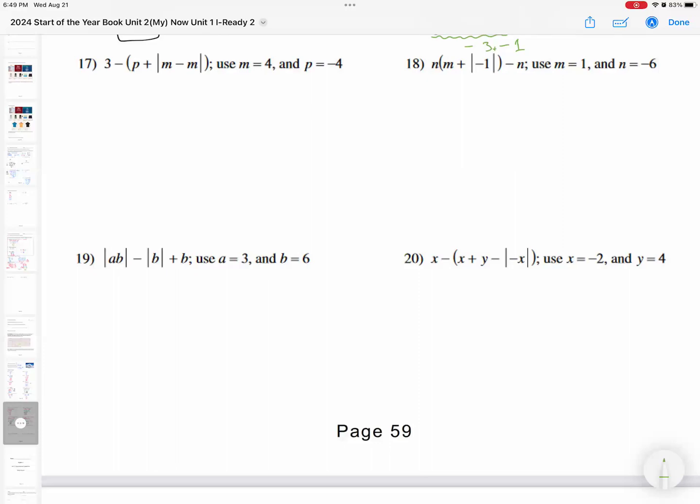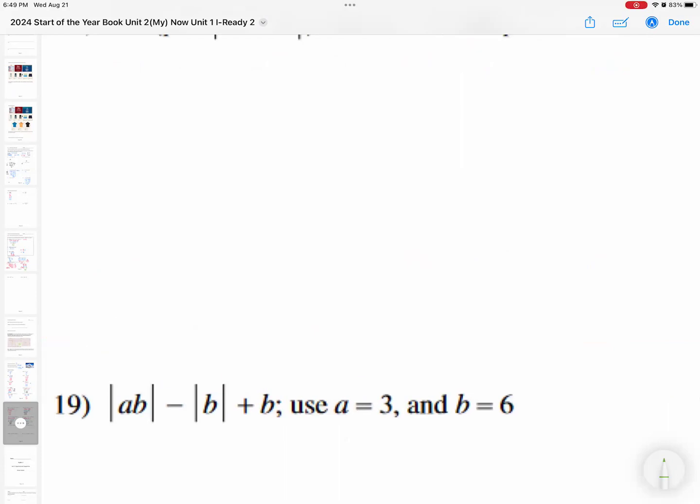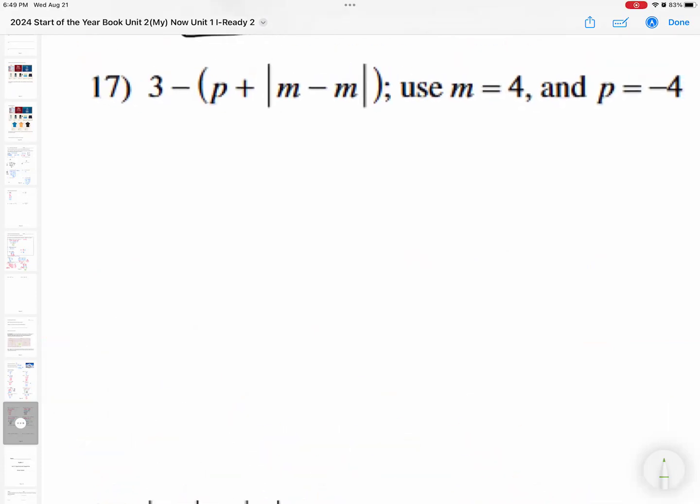All right, now that you've had a chance to try these, we're going to look at 17. So dumping these values in, we end up with 3 minus p is -4 plus absolute value of m, 4 minus another m, 4. Again, no math in that first step, just dumping them in parentheses.